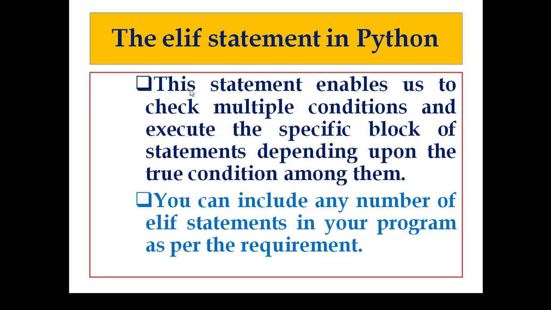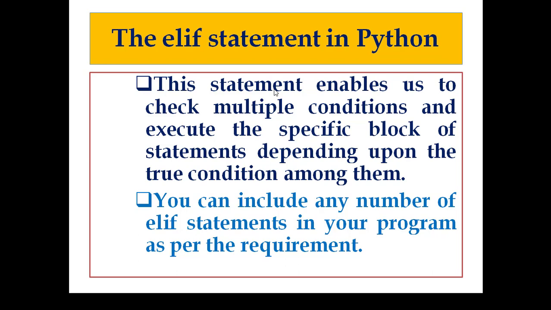Why is this important? In the previous class you have seen that the if statement is only for a true condition, and the if else statement is for a true and a false condition. But what happens when we need to check multiple conditions?